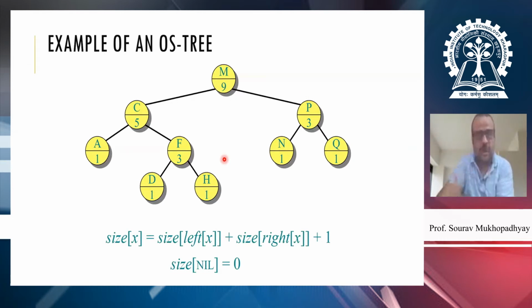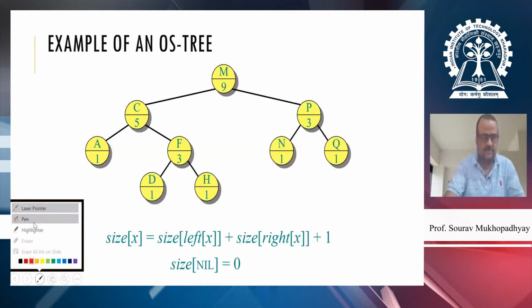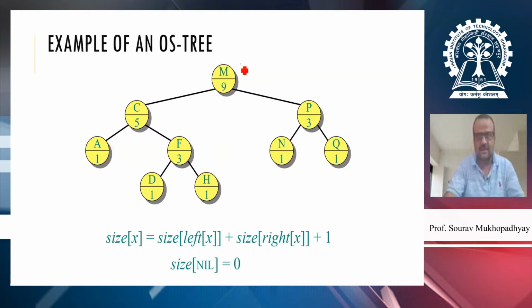Now we have to color it. The nils are hanging over here. Now we need to color the nodes in order to say this is a red black tree. So can you suggest some coloring on this? We know the root should be black, and all the nils hanging over here are black.